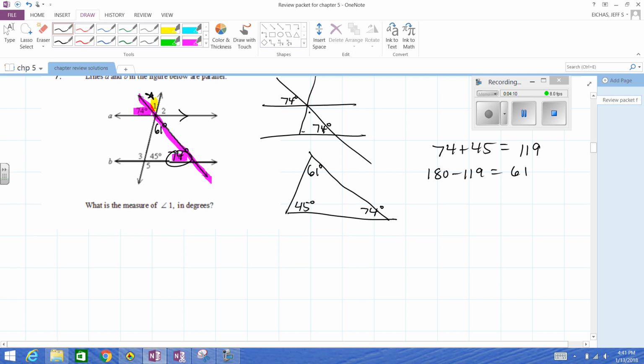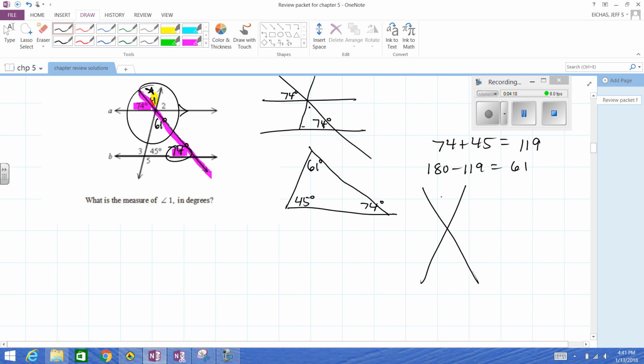And if you isolate just this portion right here, what you basically have is angle 1 and a 61-degree angle, and those are vertical angles. So we're using a couple different concepts here: corresponding angles, vertical angles, and angles add up to 180. So the measure of angle 1 is 61 degrees.